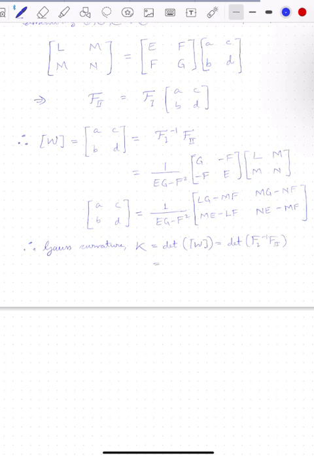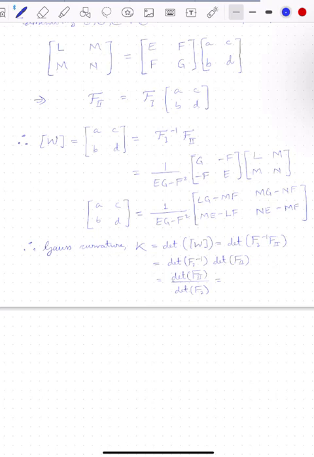And recall from the property of determinants, this is the determinant of F1 inverse times the determinant of F2. And this is equal to the determinant of F2 divided by the determinant of F1.